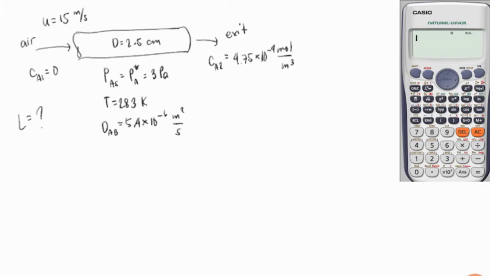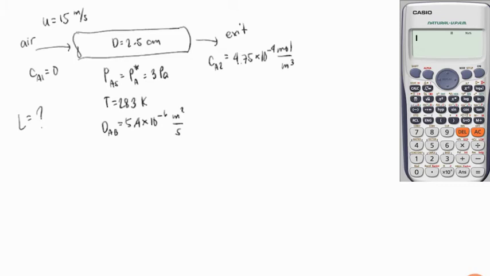While for convective mass transfer, we solve for the Reynolds number, the Schmidt number, then the Sherwood number using our correlations, then from the Sherwood number the mass transfer coefficient, and then determine the length of the tube from there.